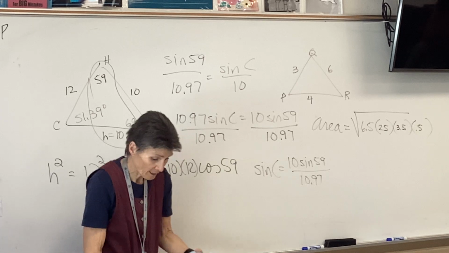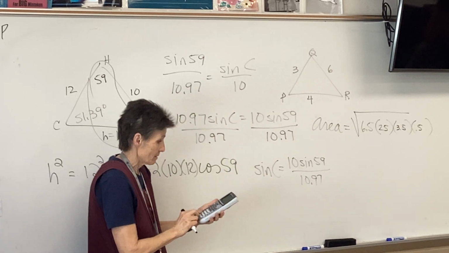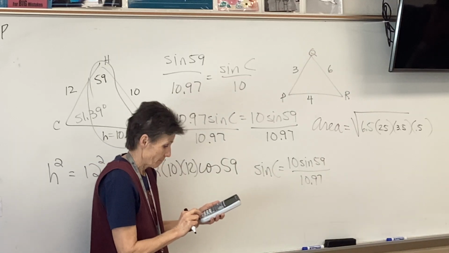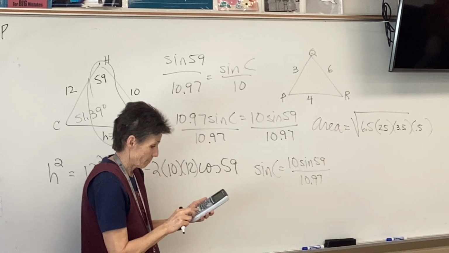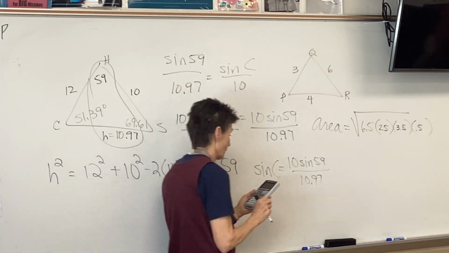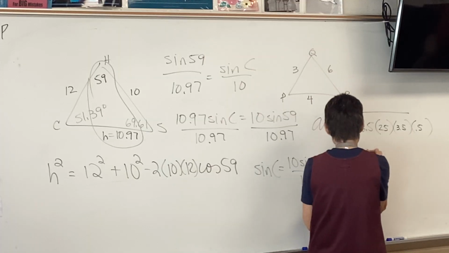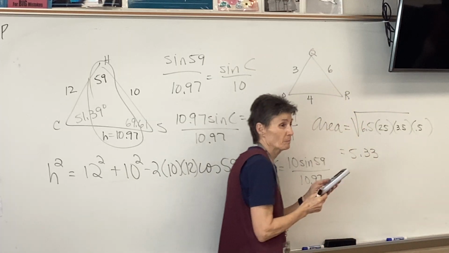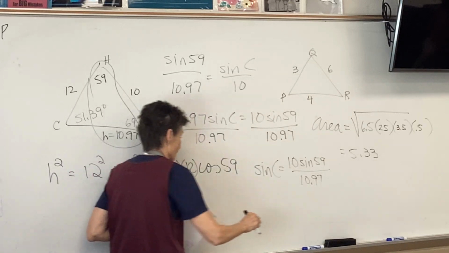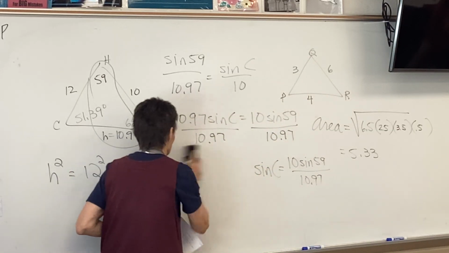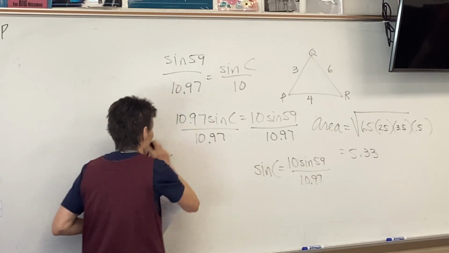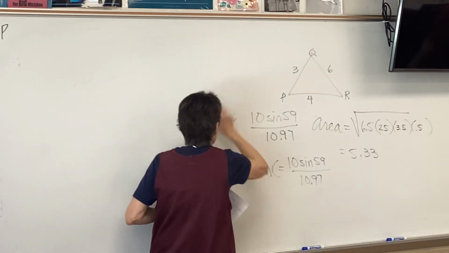And then we just multiply it all together and square root it. I got 5.33. All right, one more area problem.